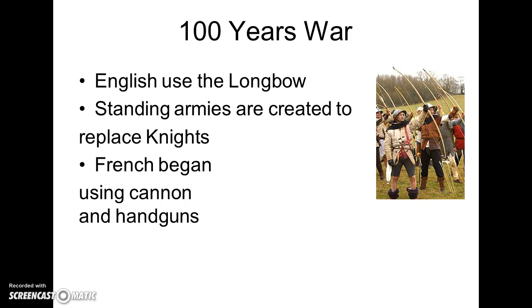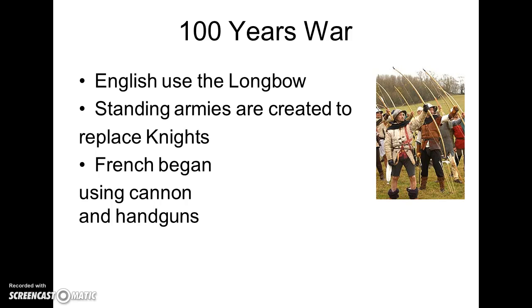The other big changes are, instead of using knights, like the whole Middle Ages, if you needed to fight a war, you called your knights and had them come out and fight. This is the first time we're going to see professional armies. They're not just guys who have come to help the king. The other big advancements are gunpowder is going to show up for the first time in Western war.